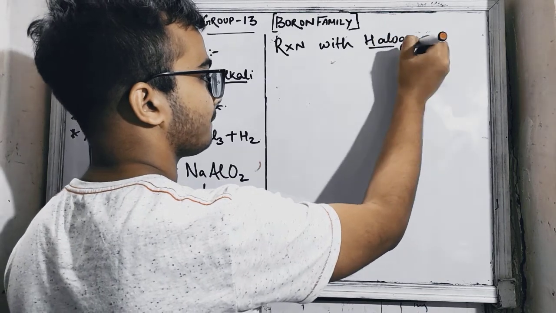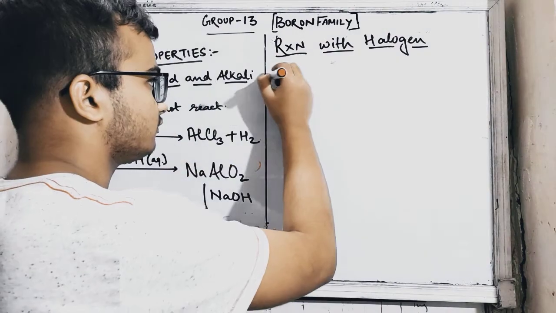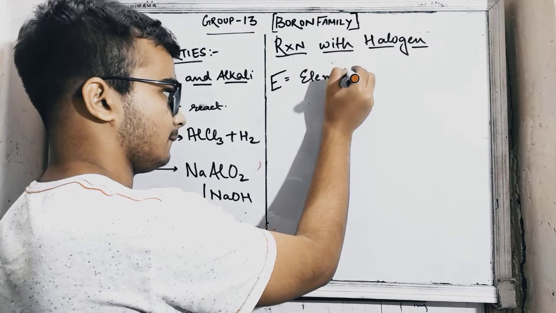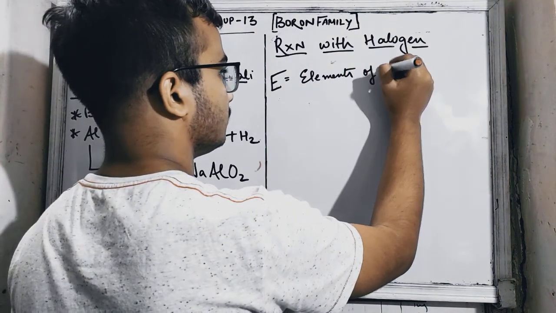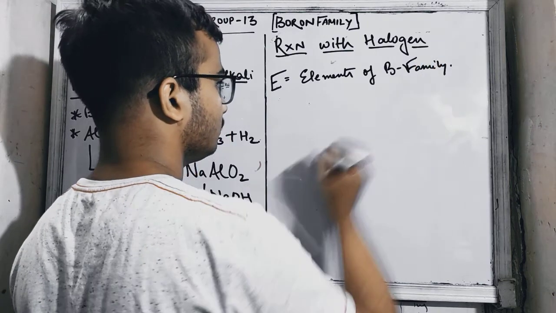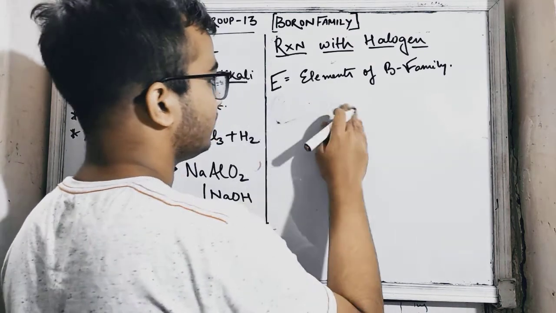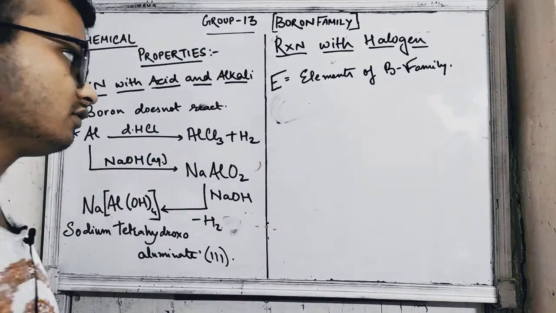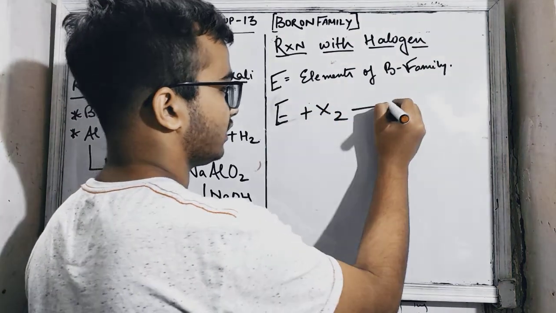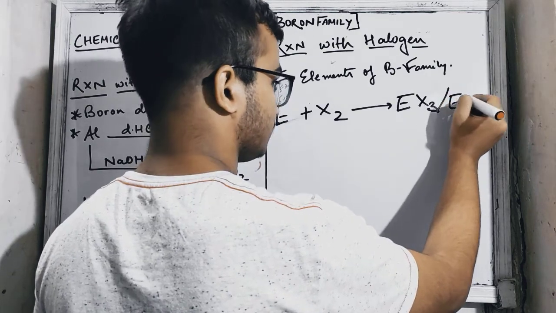Now, if we consider the elements of the boron family as E, they react with halogen to form compounds like this: E plus X2. They can form EX3 or EX.